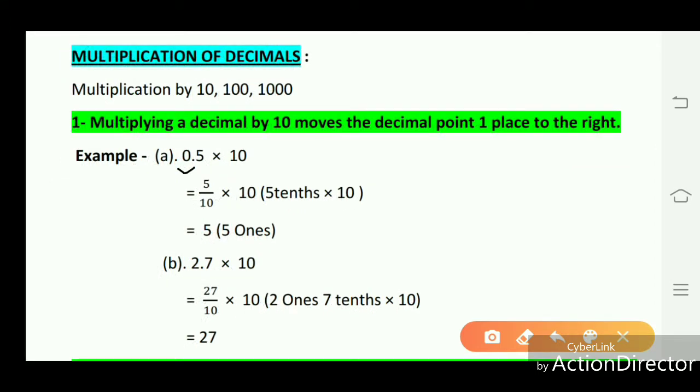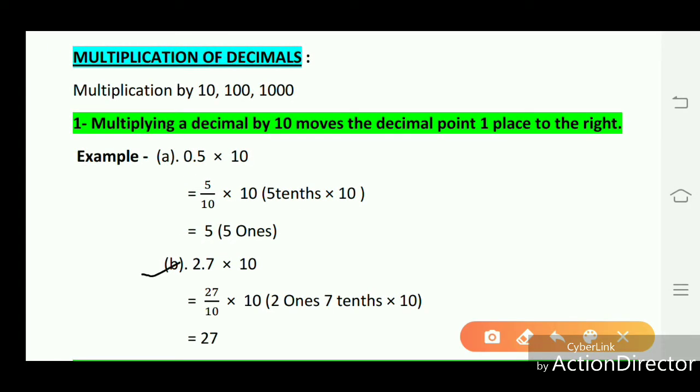So we write 5 upon 10 multiplied by 10. Now this 10 divides this 10 one time, so we get 5, that is 5 ones.